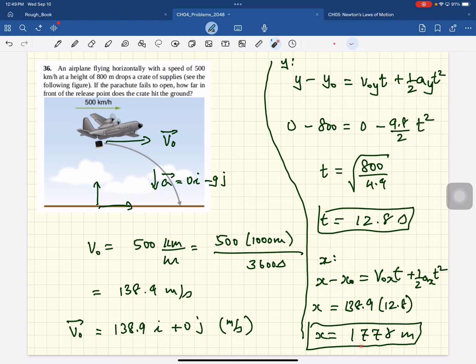It falls 1,800 meters away. 1,600 meters is a mile, so roughly a little over a mile away.